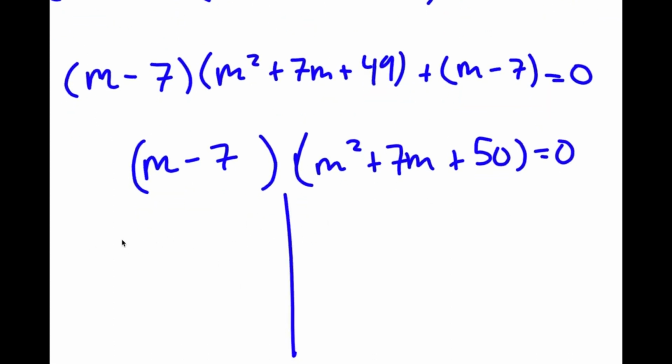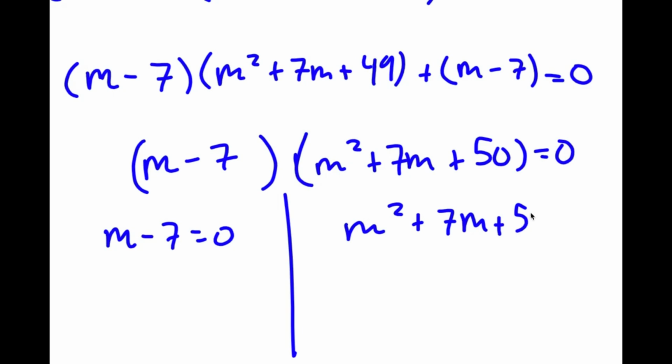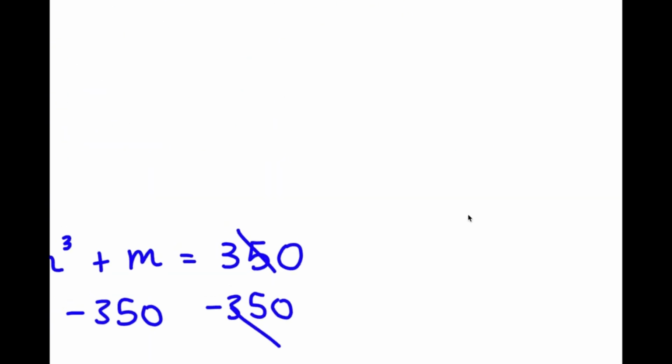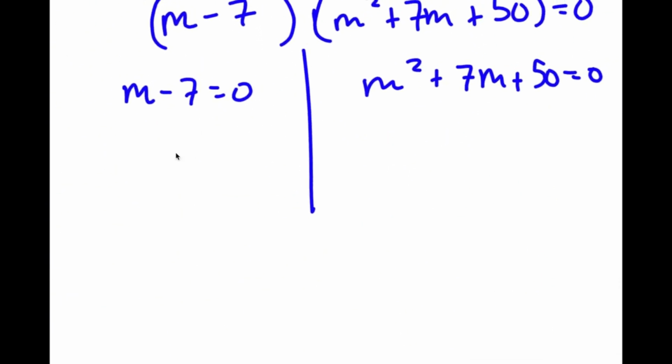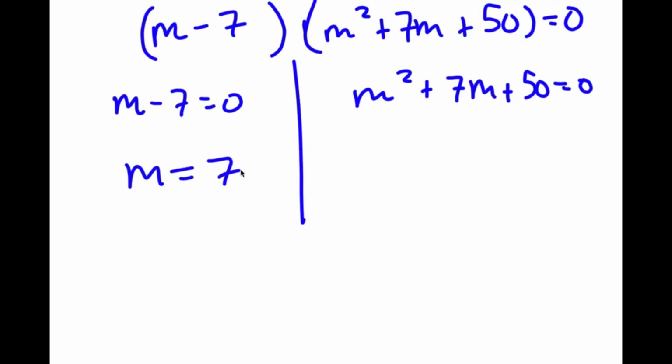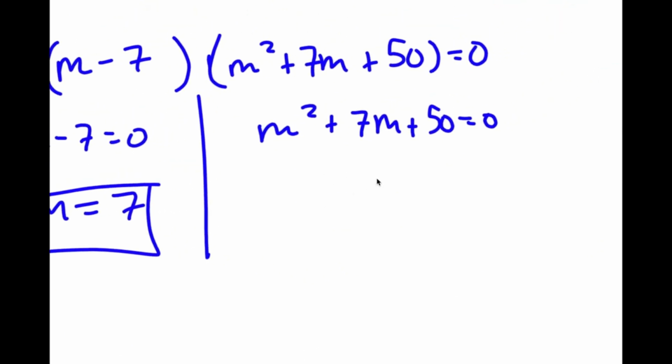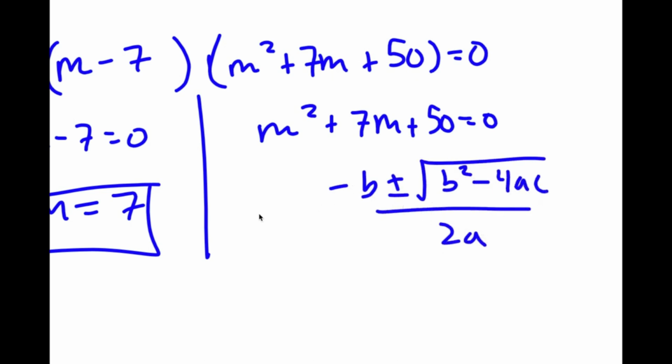So now this gives me two equations. I have m minus 7 is equal to 0, and I have m squared plus 7m plus 50 is equal to 0. So m minus 7 equals 0. This is the same thing as m equals 7, so this is already one solution of m. And m squared plus 7m plus 50, you have to use the quadratic formula, which is negative b plus or minus the square root of b squared minus 4ac all over 2a.